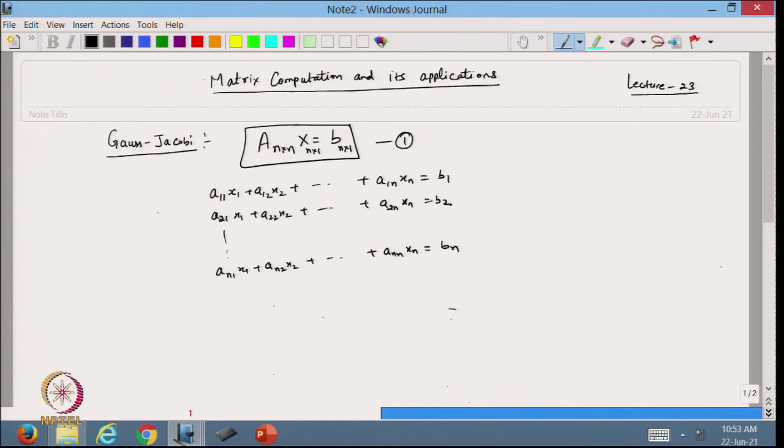Now, what I am going to do is keep the diagonal term on the left-hand side and take the other terms to the right-hand side.